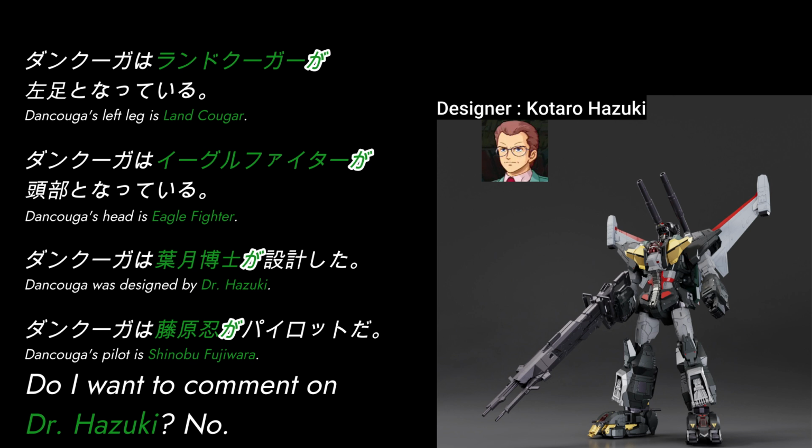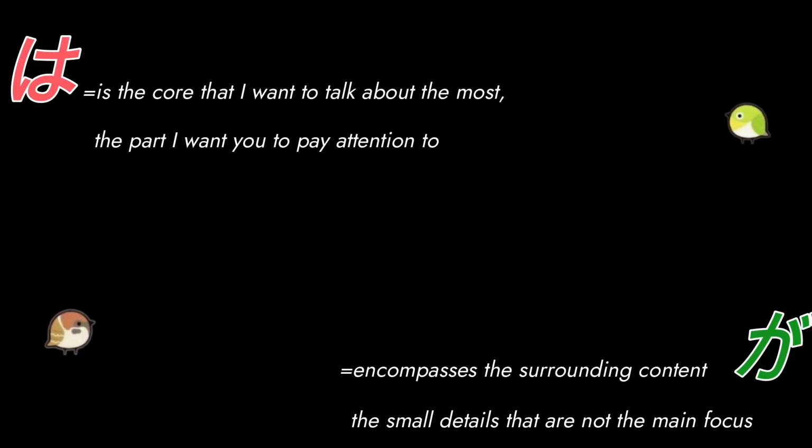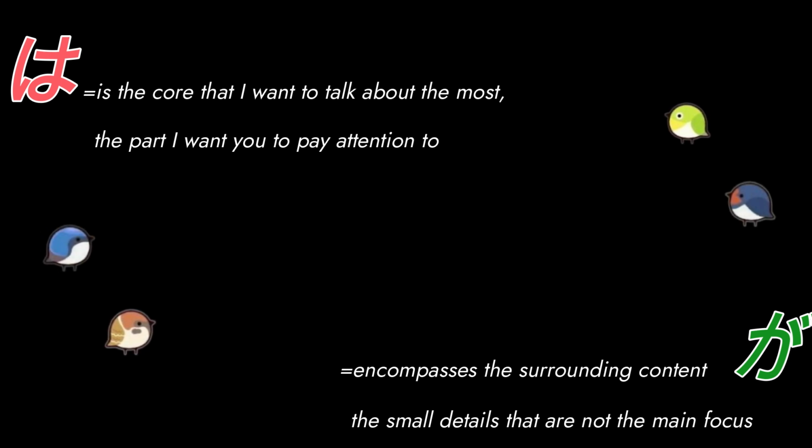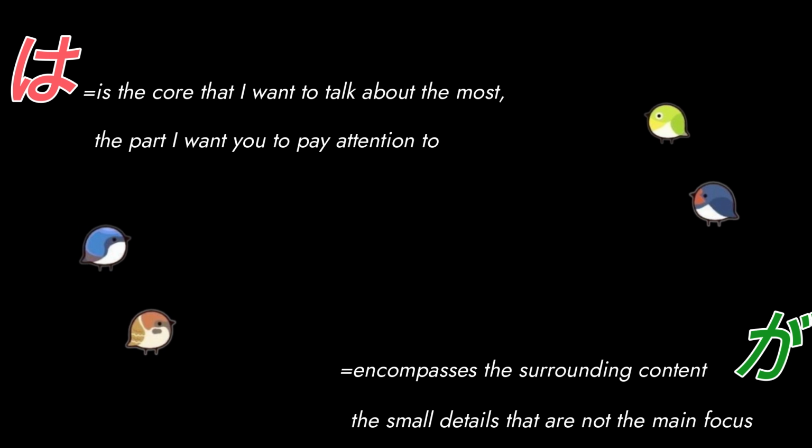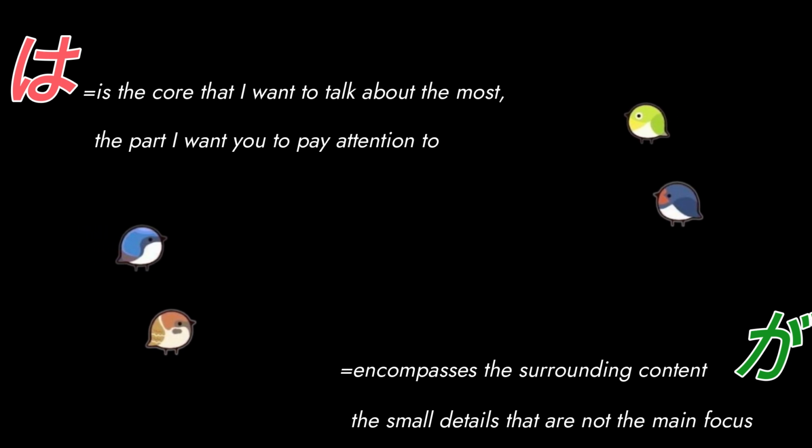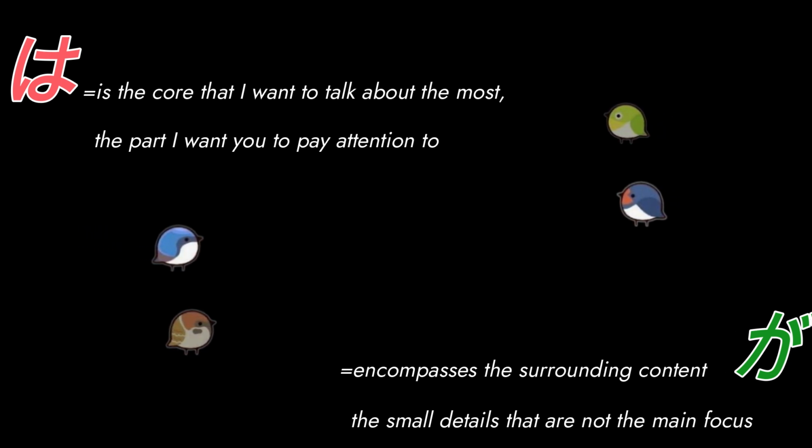No, he's just a supporting character when introducing Dankuga's background, who designed it. So, what is the core that I want to talk about the most? The part I want you to pay attention to. While ga includes the surrounding content, the small details that are not the main focus.